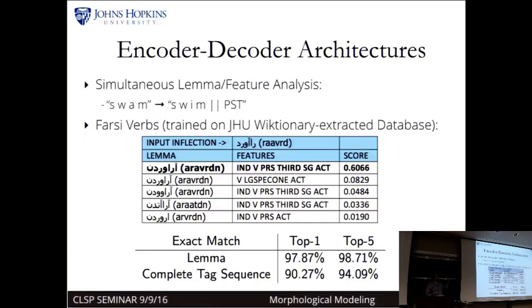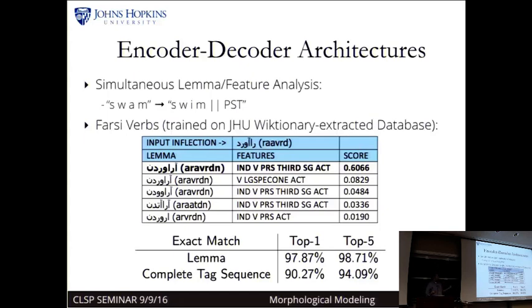So swam becomes S W A M. And we convert the output word and its feature analysis into another sentence consisting of the words SWIM, double bar, or whatever separator, and then the features we want, like PST. So both of these are just treated as if they were sentences of words. We can train the model to do these kinds of pairs, and it seems to work quite well.